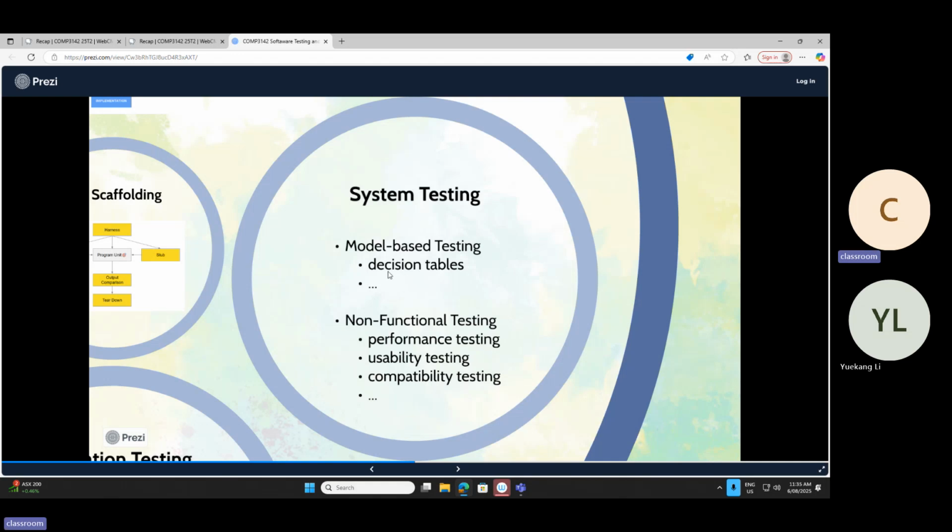And we also learned some non-functional system testing, which are not related to the correctness of the program, but they can reflect other types of quality metrics. For example, we can do performance testing, which can check the execution speed of the system, right? Or the reaction time, response time of the system.